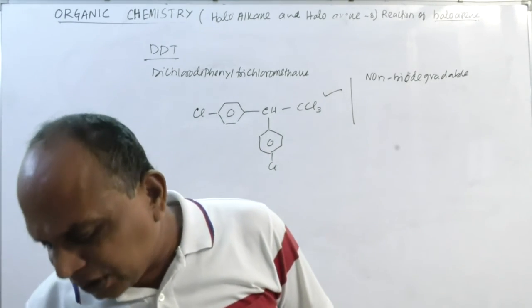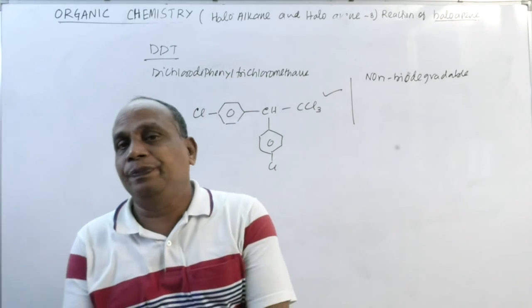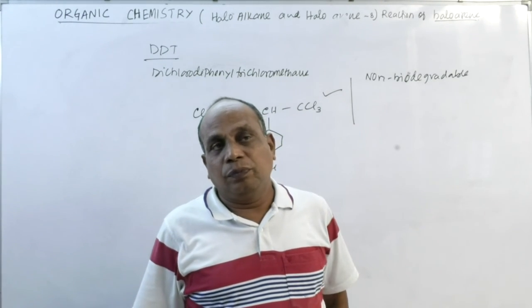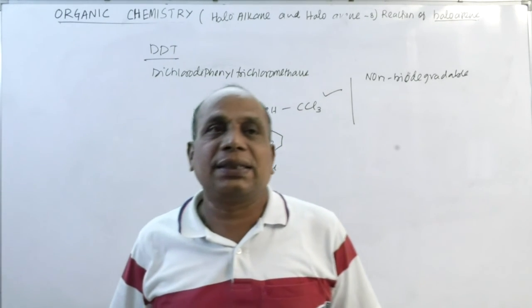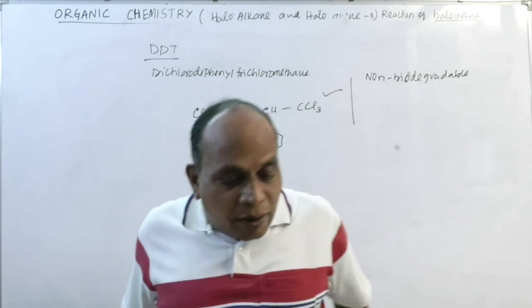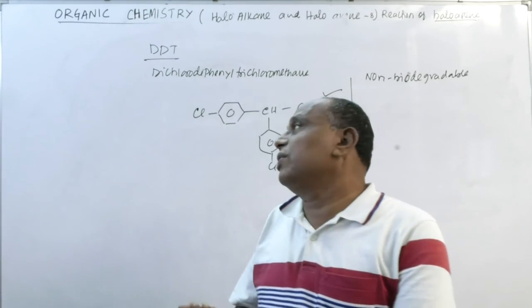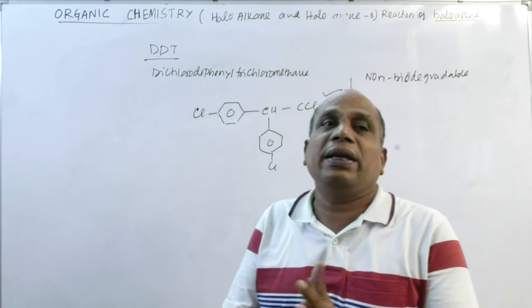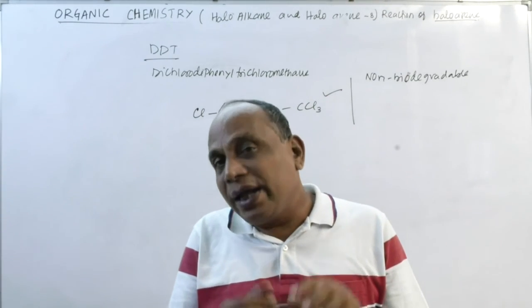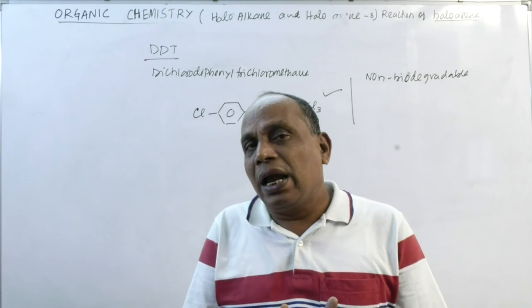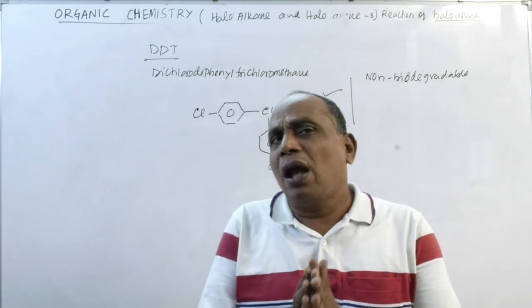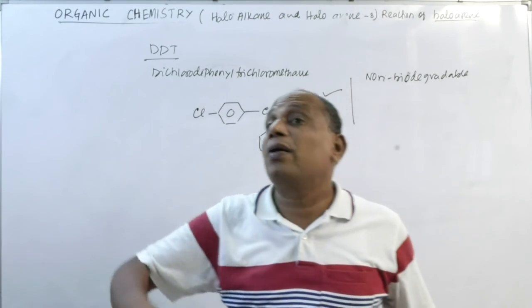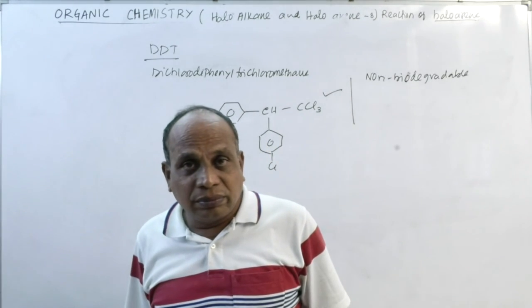Okay, students, these are some uses of polyhalogen derivatives of alkanes. And all about this unit, we studied haloalkanes, haloarenes, their methods of preparation, and you will learn much more about how a given compound is converted to an alkyl halide, and an alkyl halide compound gets converted into another one.